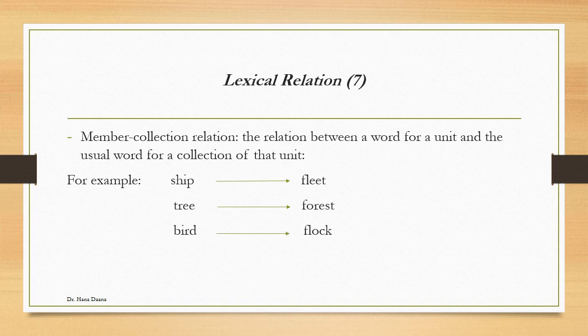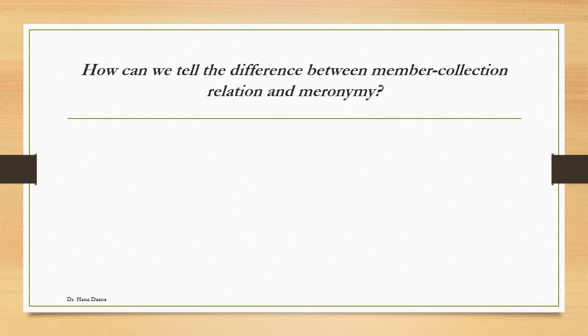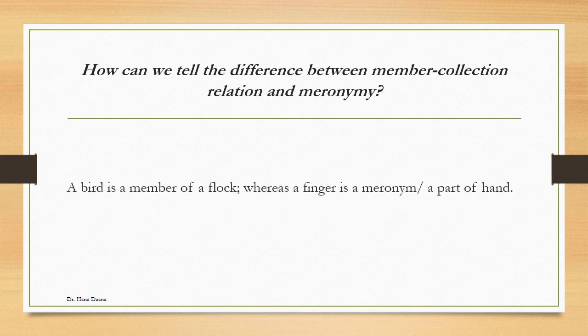The question to raise here is, how can we tell the difference between member-collection relation and meronymy? What we say here is, a bird is a member of a flock, whereas a finger is a part of, or a meronym of, the hand.